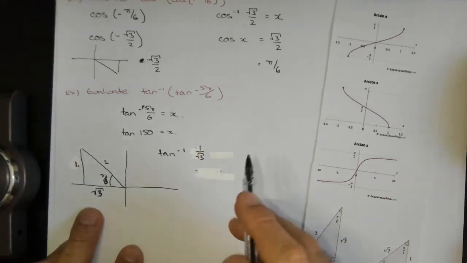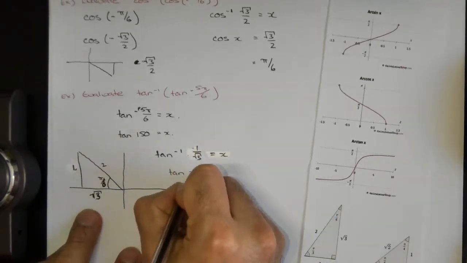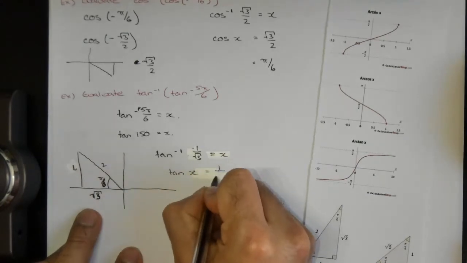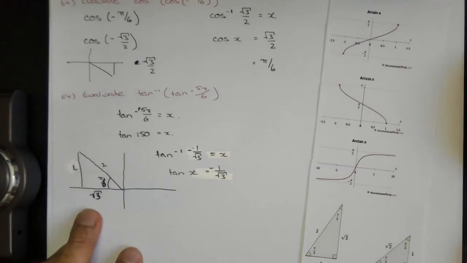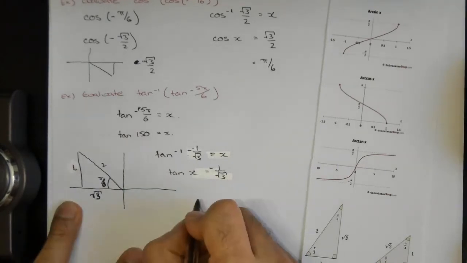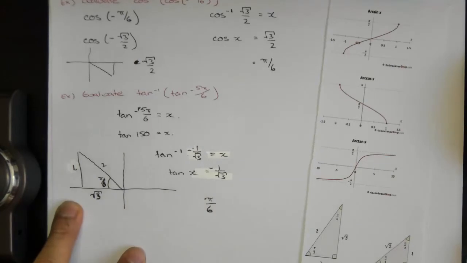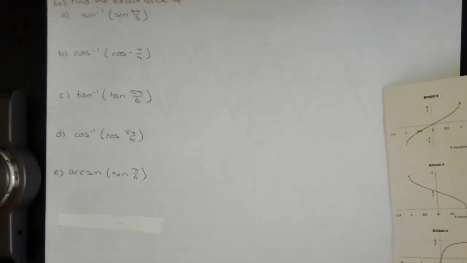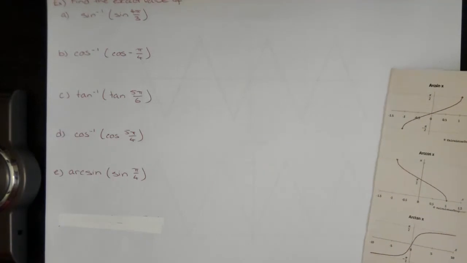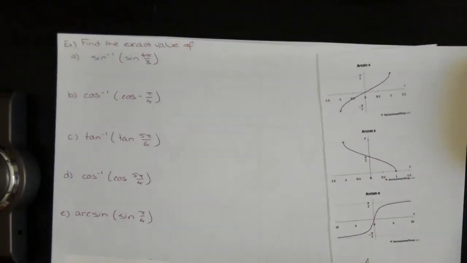And if that's x, we want to figure out what x is if tan x is going to be negative 1 on square root 3, because we're in the second quadrant. So it's going to be pi on 6, and that's the solution for that. Okay.